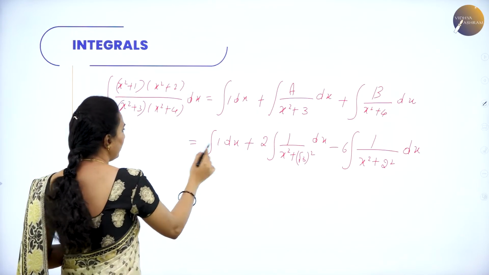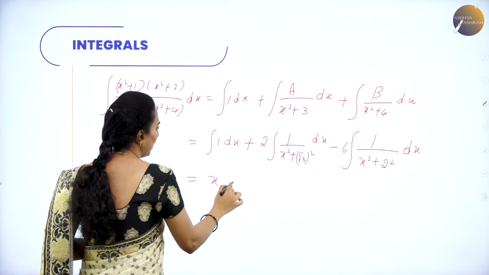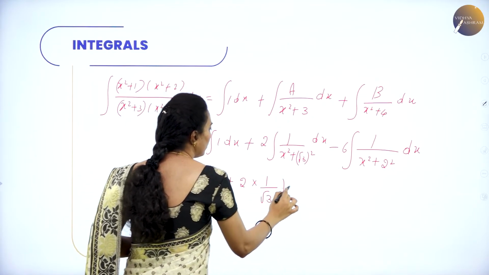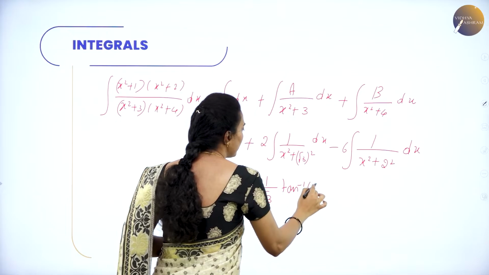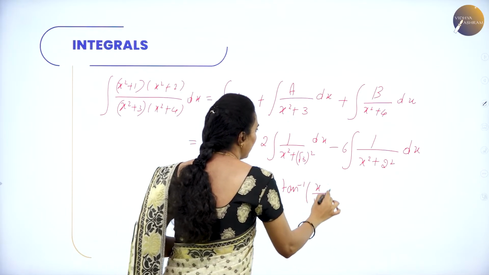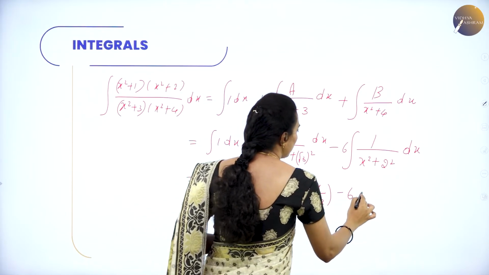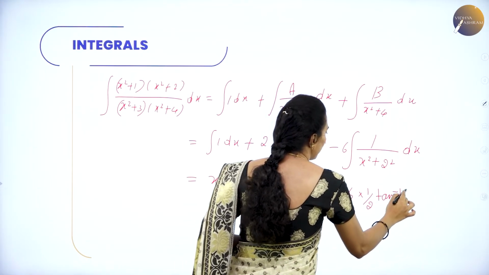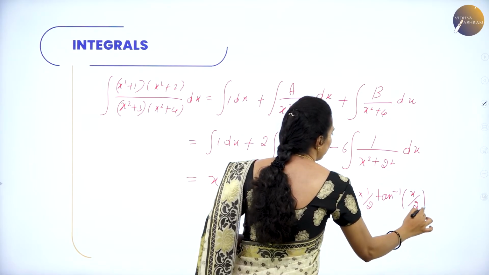So therefore I can have integral of 1 into dx, which is x, plus 2 into 1 by a, which is 1 by root 3 into tan inverse of x divided by root 3, which is x by a, minus 6 into 1 by a, which is 1 by 2 into tan inverse of x by 2, plus c.